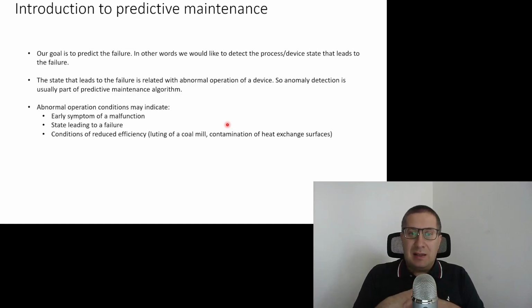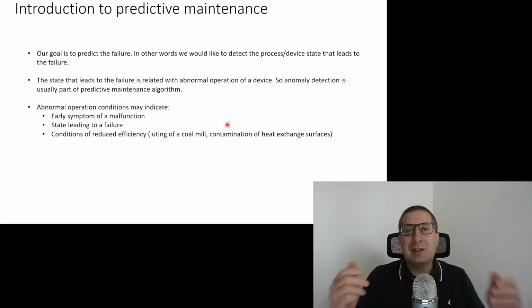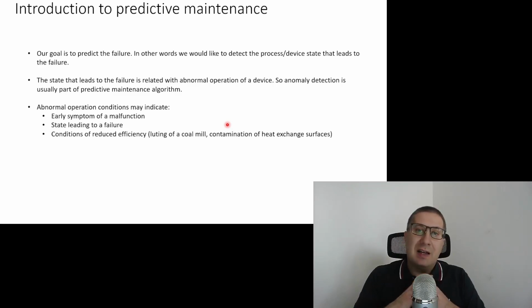Of course, detecting a failure when it actually happened is also a good thing, right? Because especially if we can take some action to minimize the impact of this failure. But we would like to detect the early symptoms, the state of the process that is associated with the risk of a failure in the nearest future.